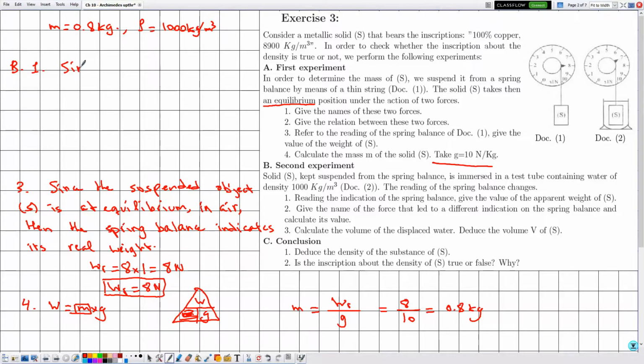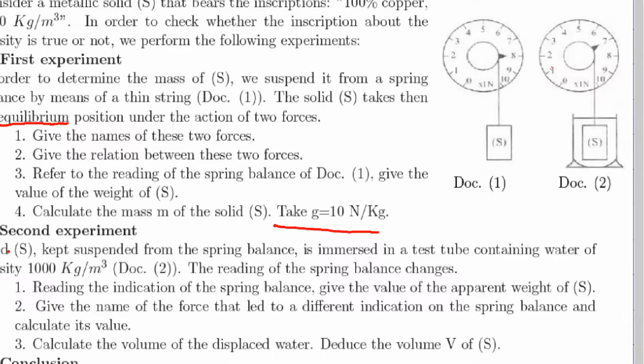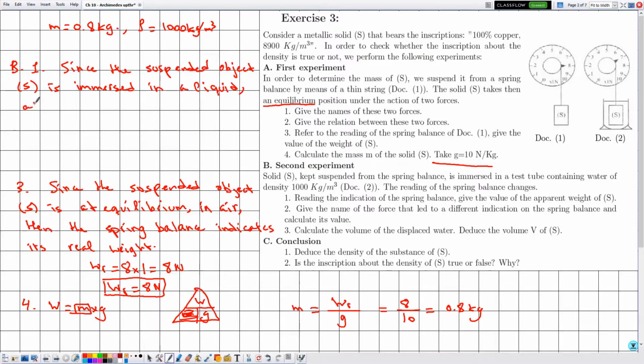So let's say since the suspended object S is immersed in a liquid, as we can see the liquid they mentioned is water, and for sure it is at equilibrium, then the spring balance indicates its apparent weight.